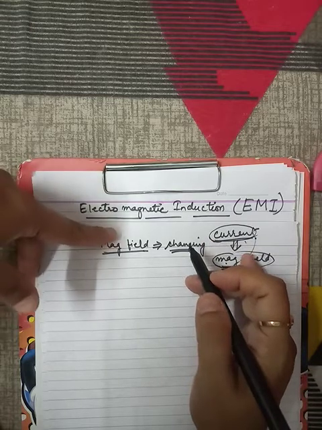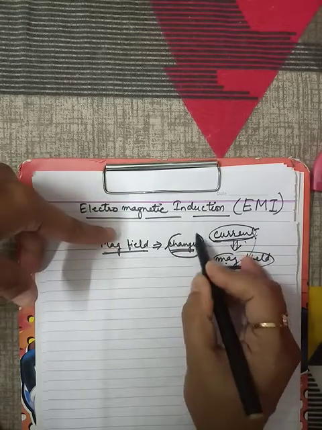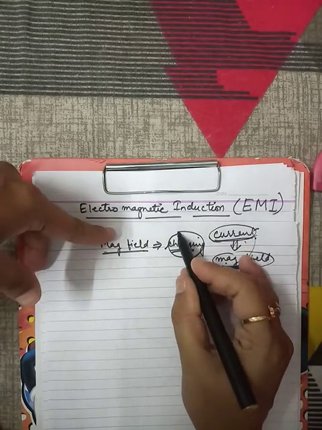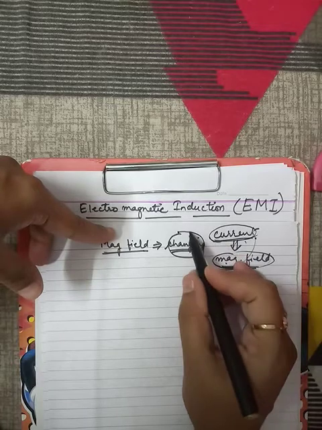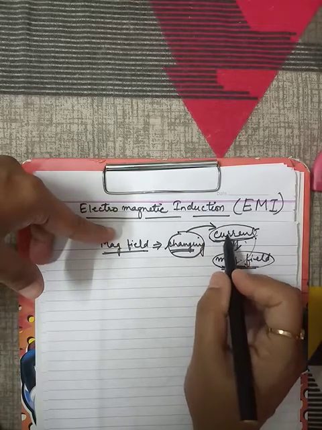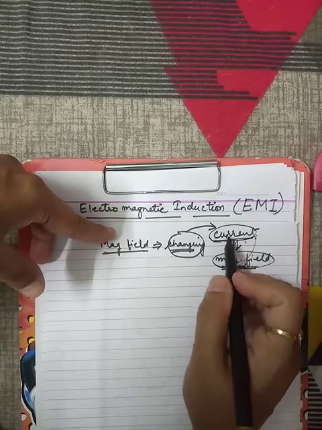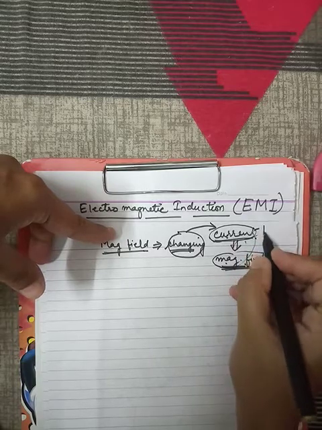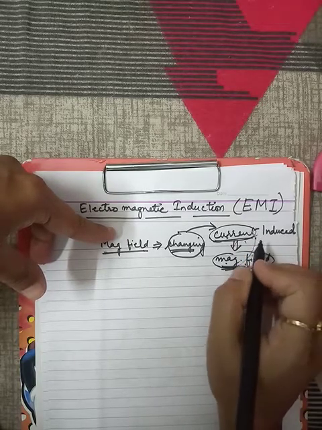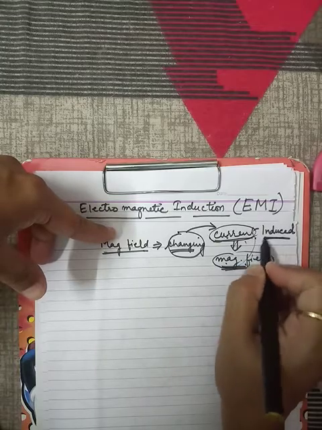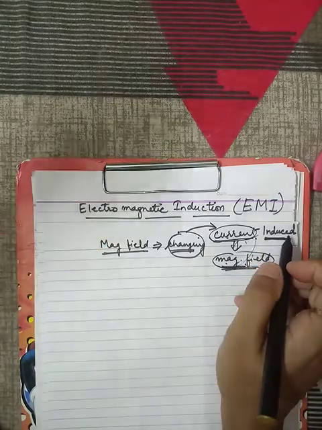So we need a changing magnetic field in a particular area where a conductor is placed. Then only the current can be produced in that conductor, and that current is known as induced current.